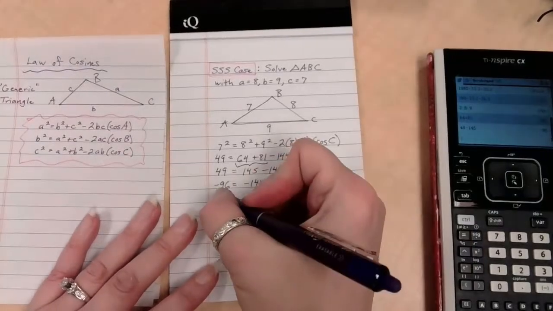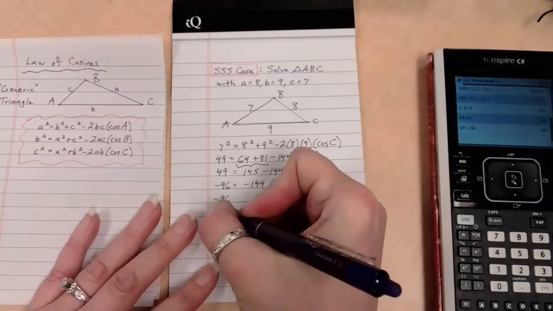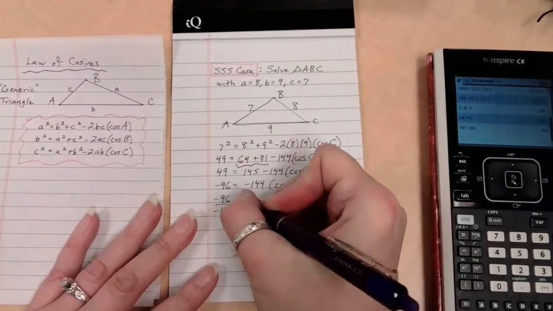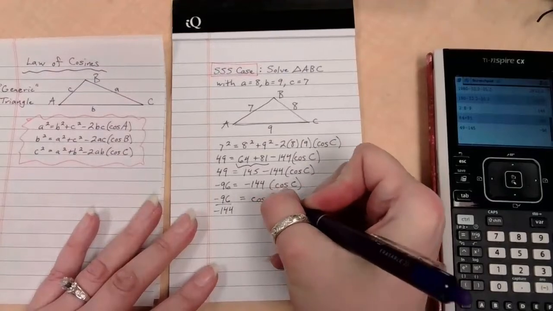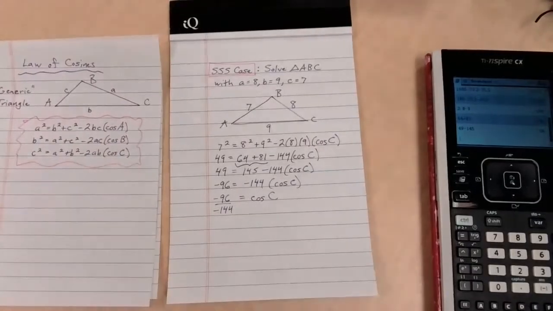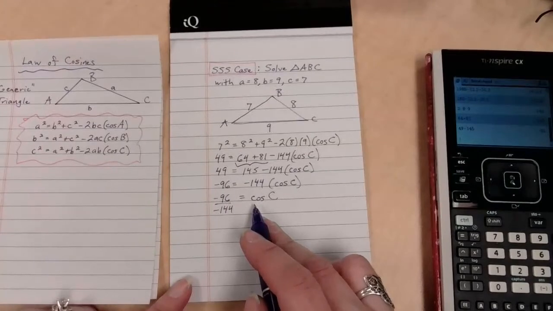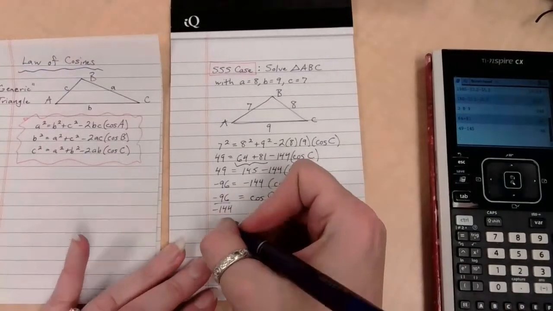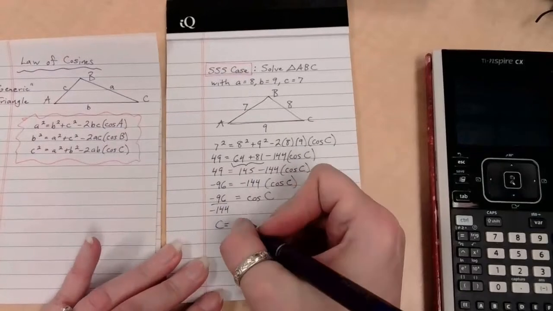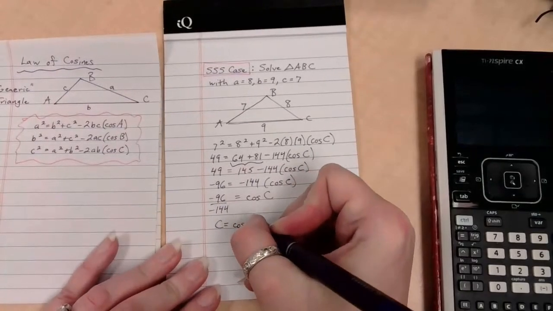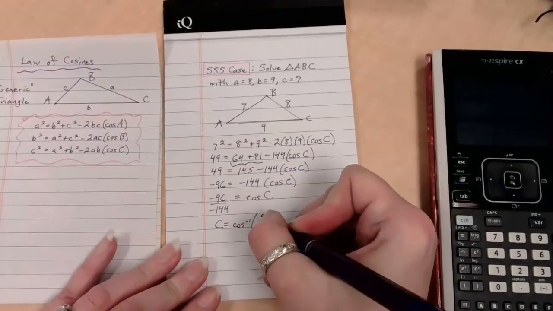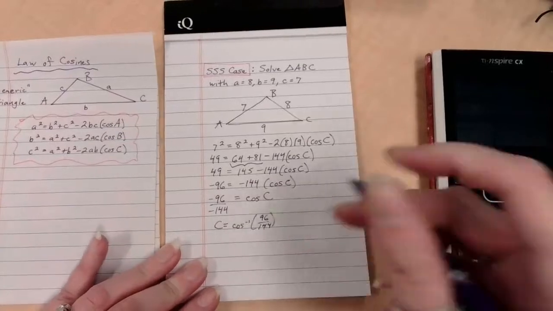I'm going to divide. So whatever negative 96 divided by negative 144 is, that's going to give me the cosine of C, which gets me so close to having C by itself, but not yet. Again, how do I undo cosine? With inverse cosine. So I'm taking the inverse cosine of this mess right here. So C will equal the inverse cosine of whatever 96 over 144 happens to be.